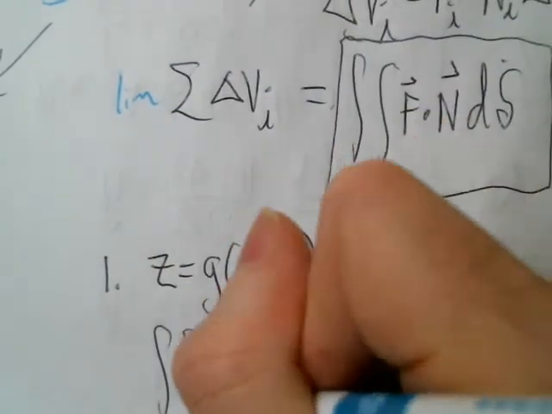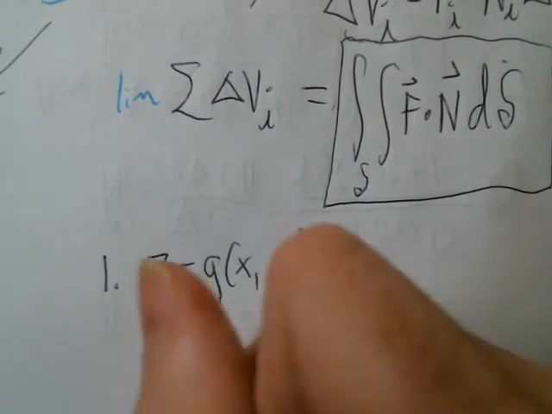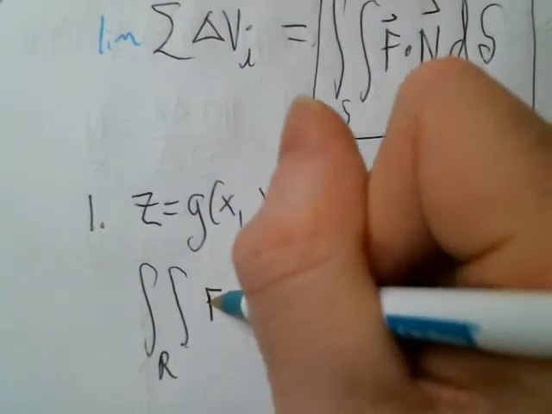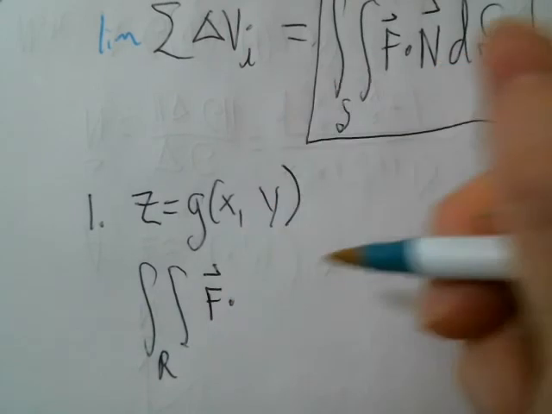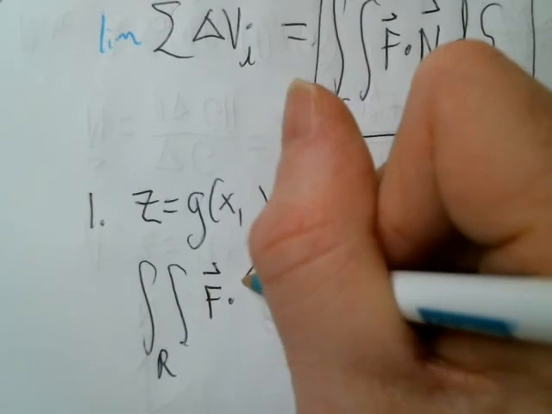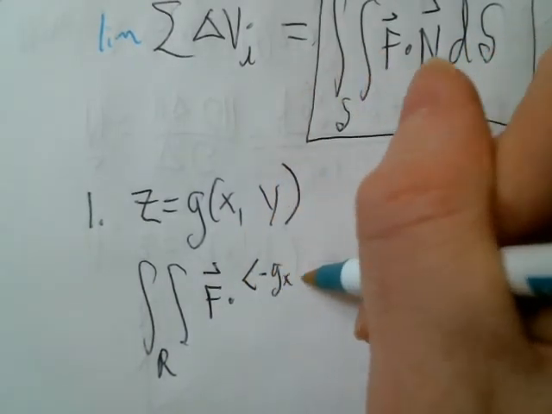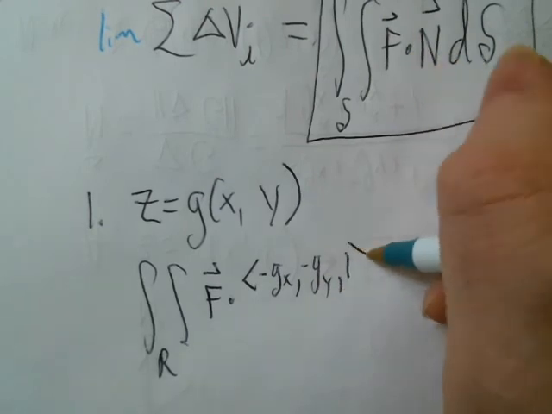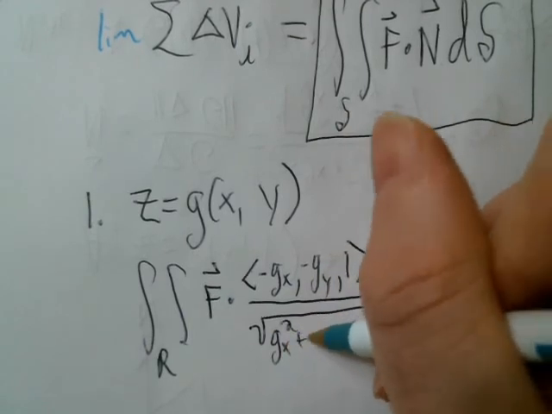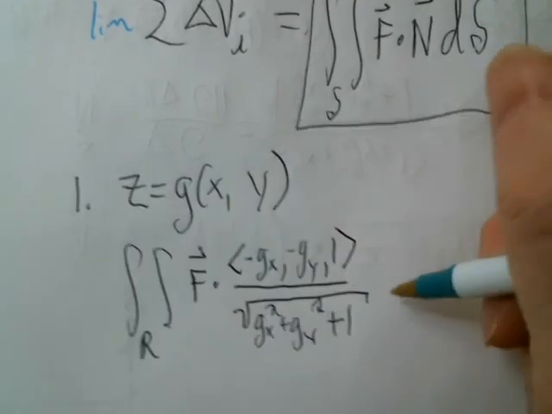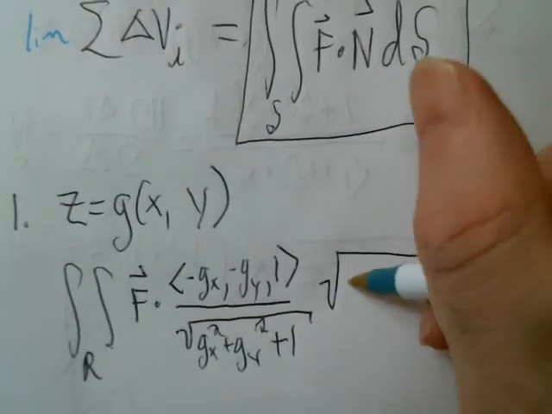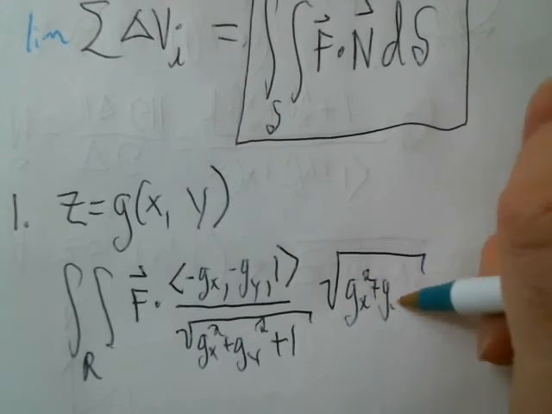So this will be the double integral over, in our working definition, some region R, and then we have the force field vector dotted with the normal vector, but the normal vector we can rewrite as negative g sub x, negative g sub y, comma 1, all over the square root of g sub x squared plus g sub y squared plus 1, and then times this dS element, which we write as a square root, and you see, oh my gosh, there's an awesome cancellation there, right?